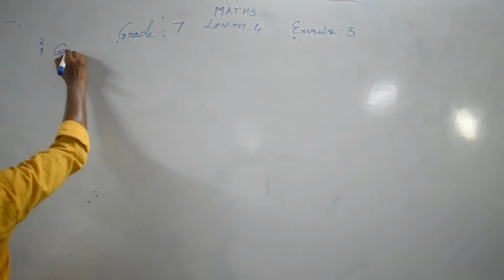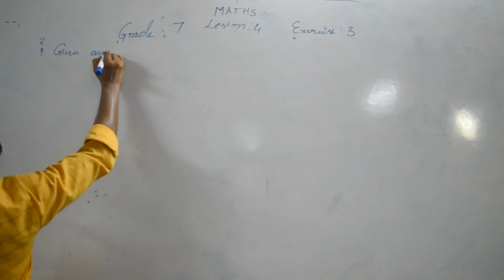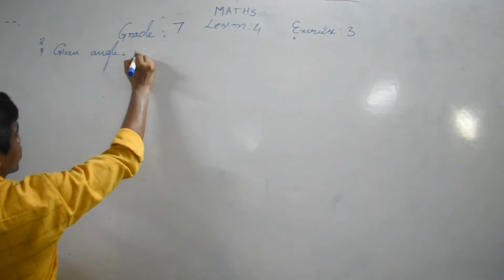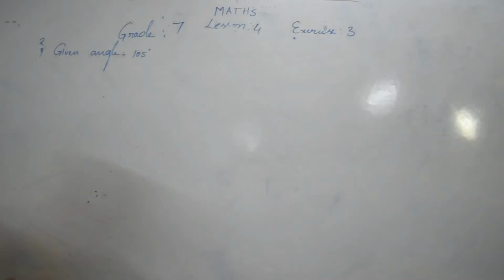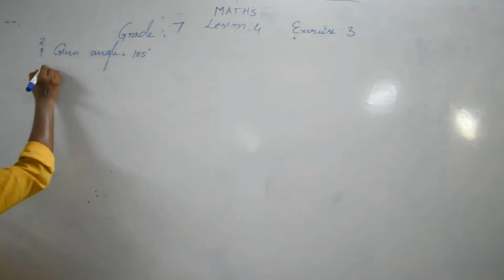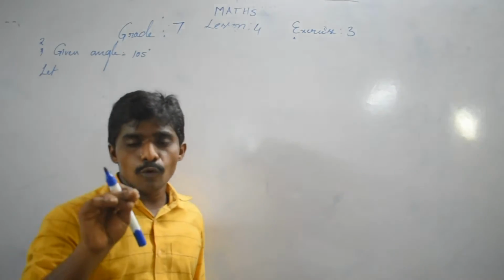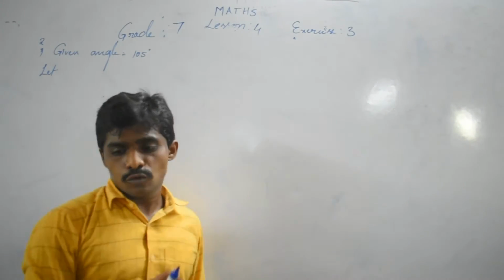Given angle 105 degrees. So what are supplementary angles? Two angles, there must be two angles.